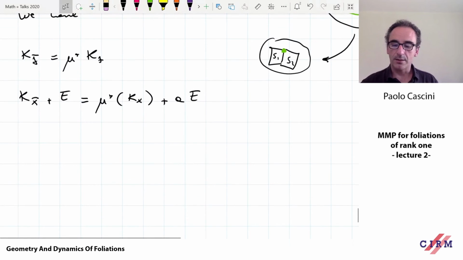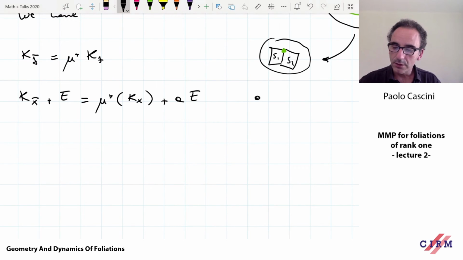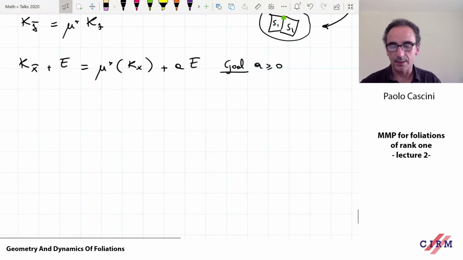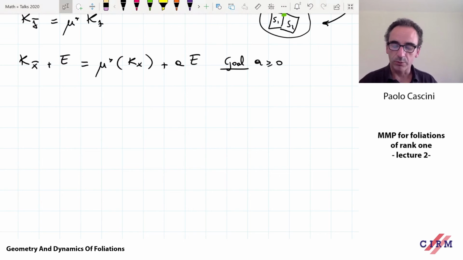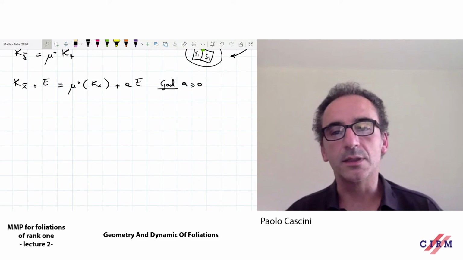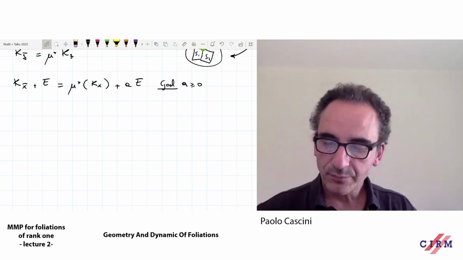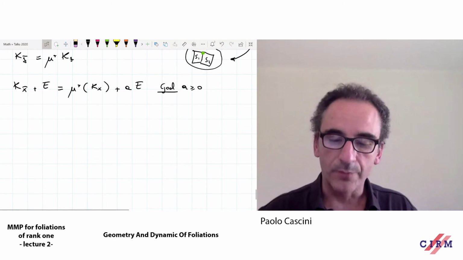So let me just write this formula here. In this case, what I want to show is that A is not negative. In other words, the goal is to show that A is greater or equal than 0. I'm not writing divisors S i. I could write a divisor S i and I would get a very similar calculation. I just want to show what kind of methods apply here, and what exactly we do.